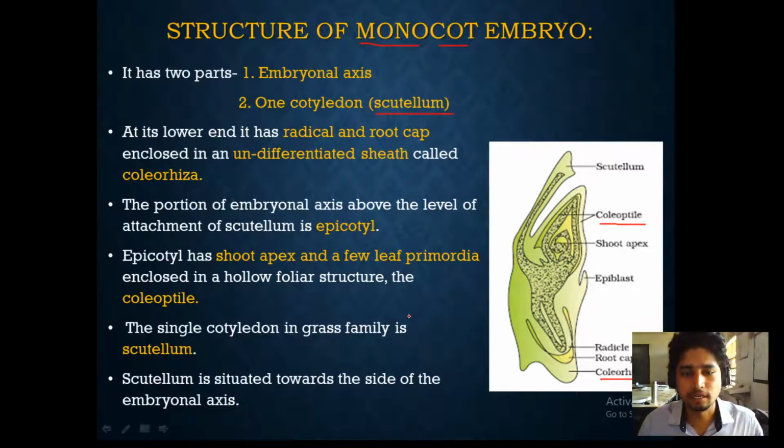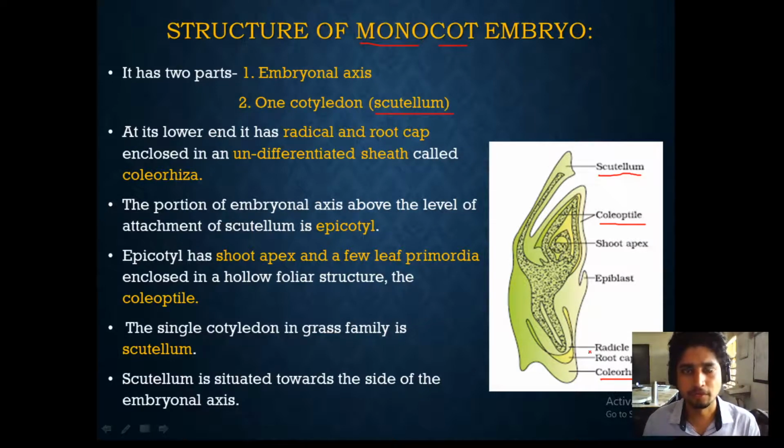The single cotyledon in the grass family is called the scutellum, and it is present on the side of the embryonal axis. This scutellum is the only cotyledon that the monocot embryo has. So this is the structure of the monocot embryo.